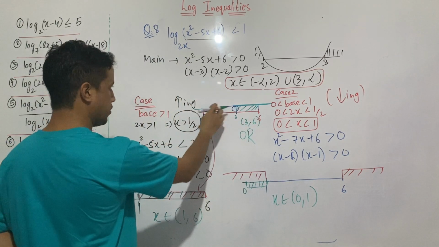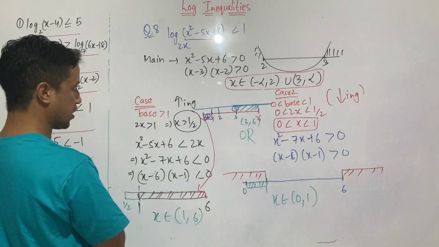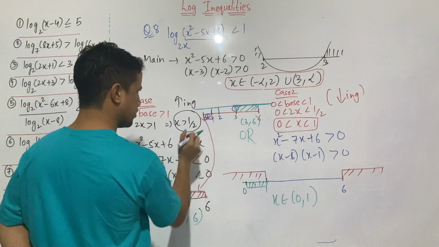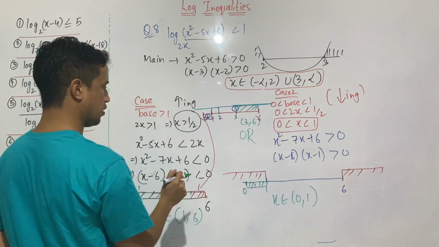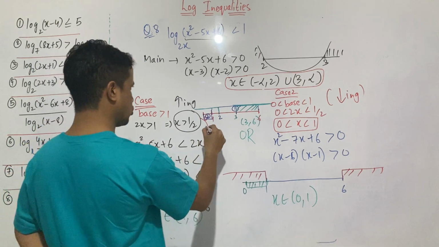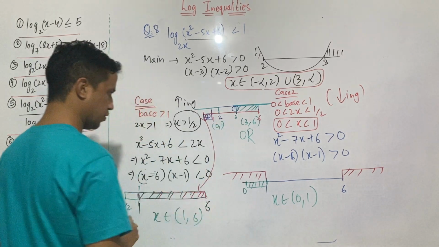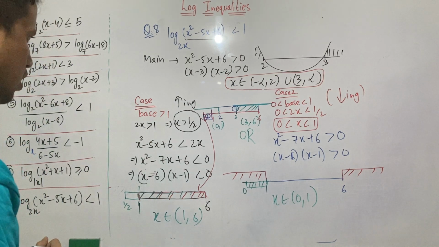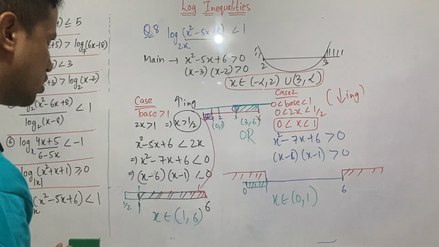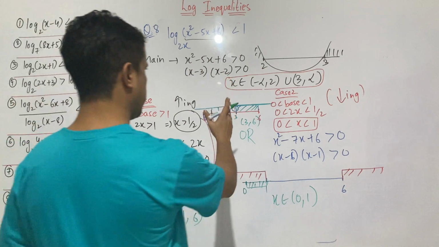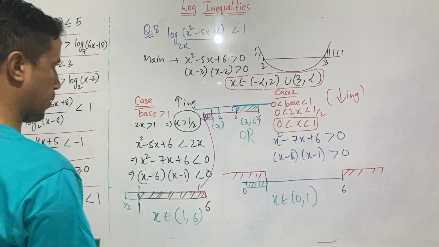And from here, what's going to be the common area? This one, 0 to 1. Anything else? 3 to infinity, yes, this one.